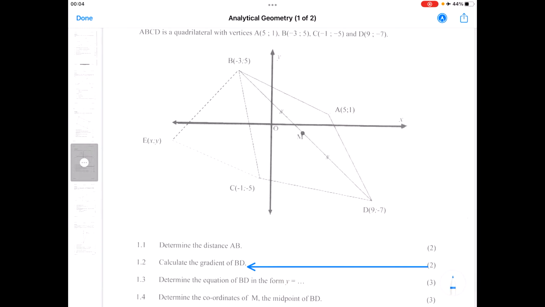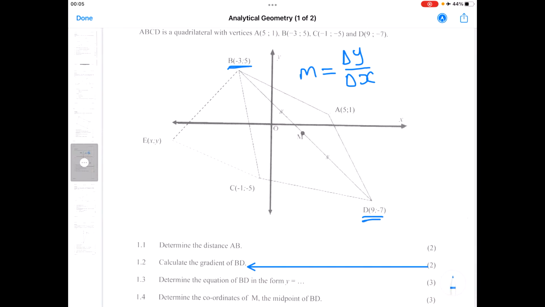Calculate the gradient of BD. Where is B? There is B. Where is D? There is D. I think it's also a straightforward, easy question. You know the formula: change in y over change in x. What you need to remember is that alphabetically, B comes first, D comes second.